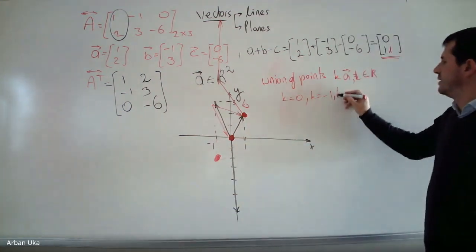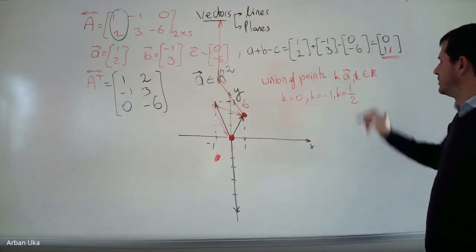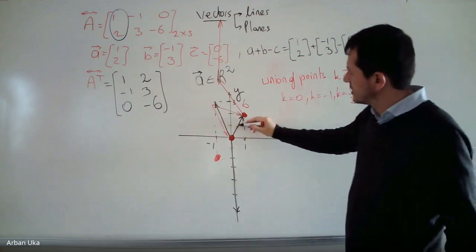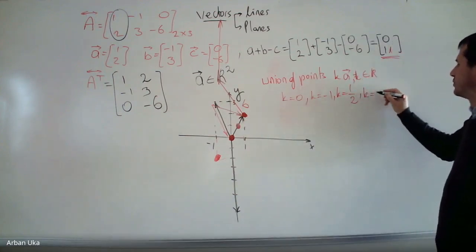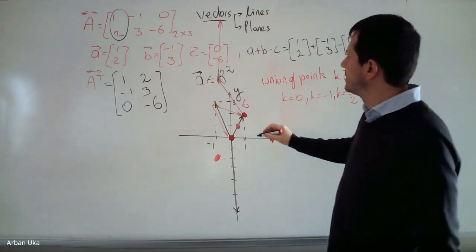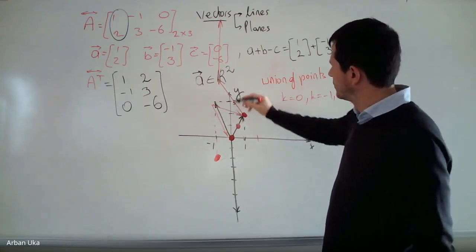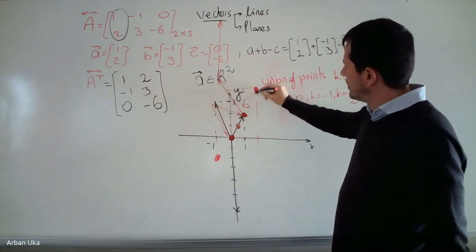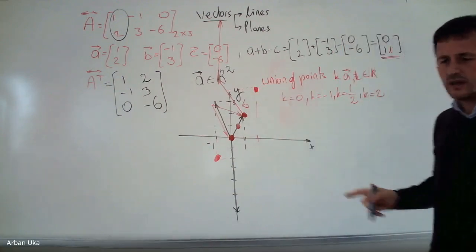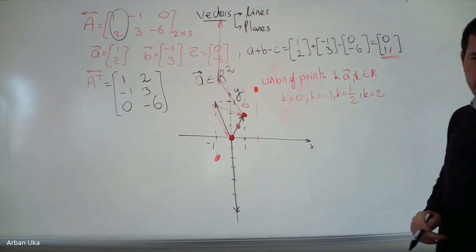If k is equal to 1 over 2, we get some point here, okay? When k is equal to 2, we get here 2, 4. That's 1, 2, 1, 2, 3, 4. So it's going to be somewhere in here. So if we get a lot of points like this and you change the value of k, what do we get?